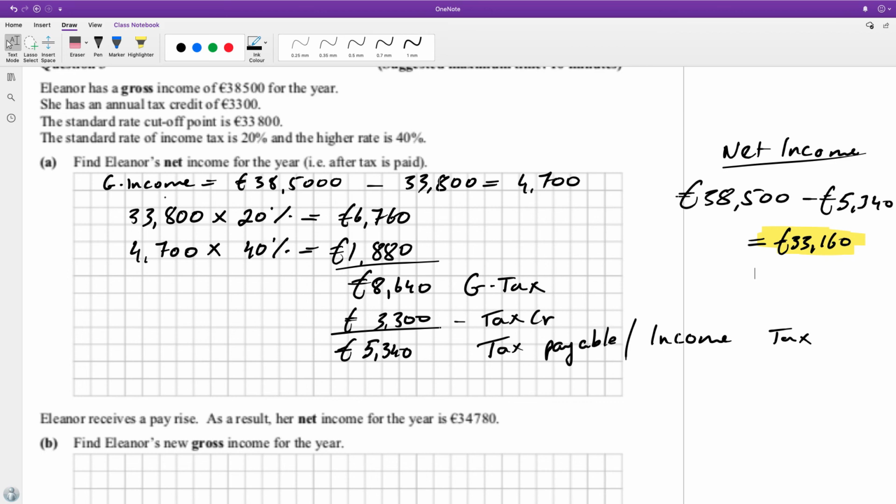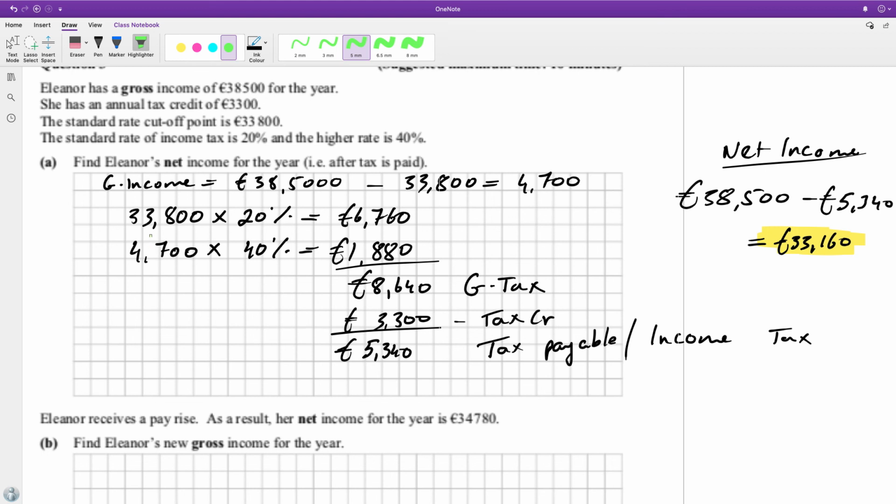What do you reckon? Which figures are going to be the same here?